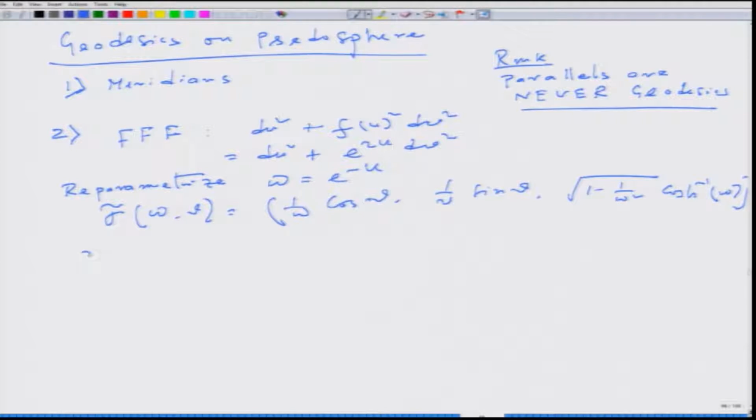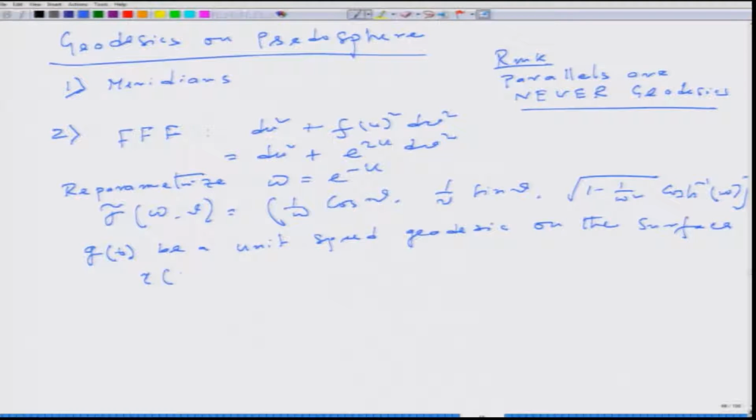So, let us take gamma(t) to be a unit speed geodesic on the pseudosphere.